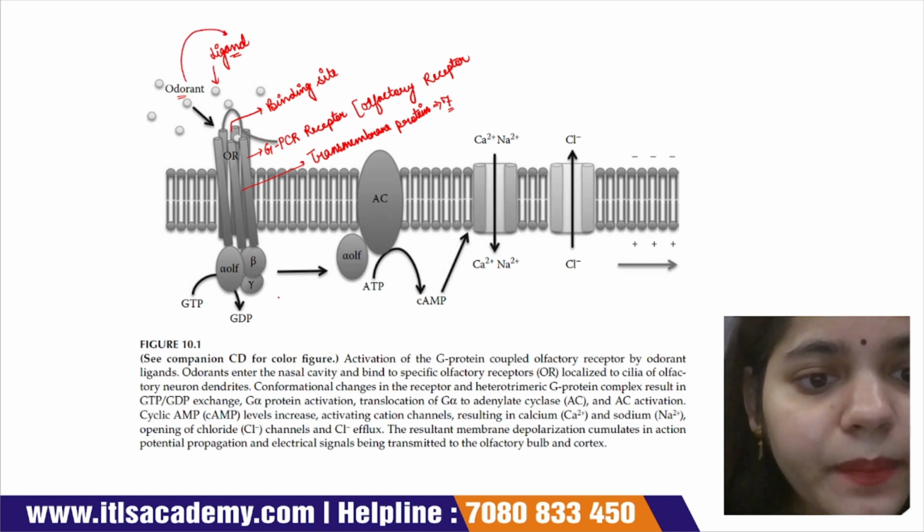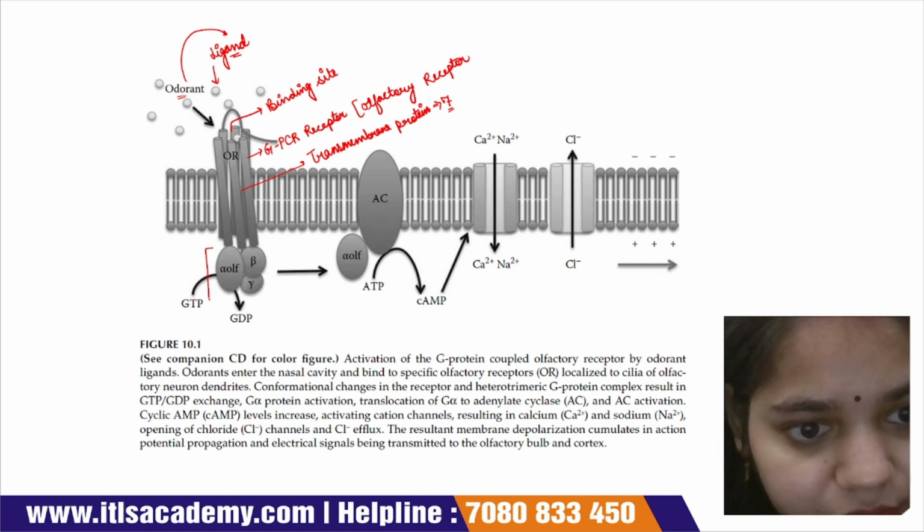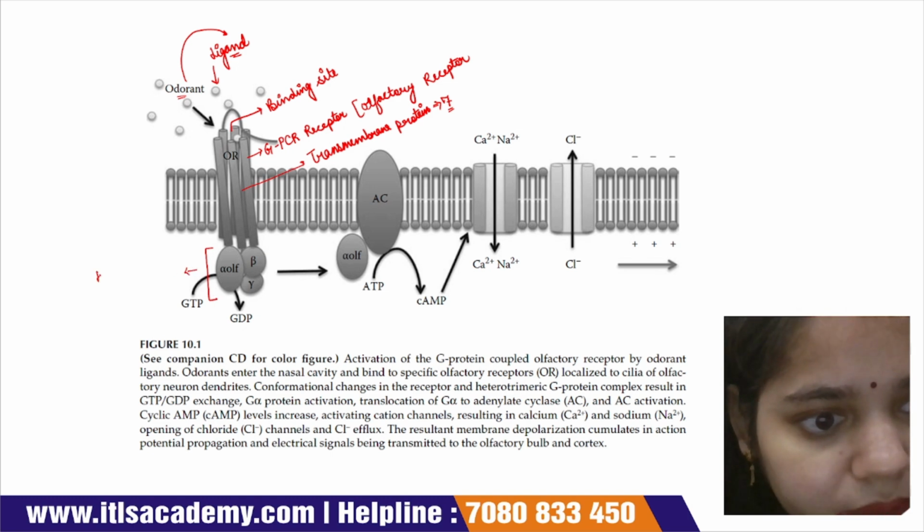This GPCR, or G protein complex, contains a heterotrimeric structure.